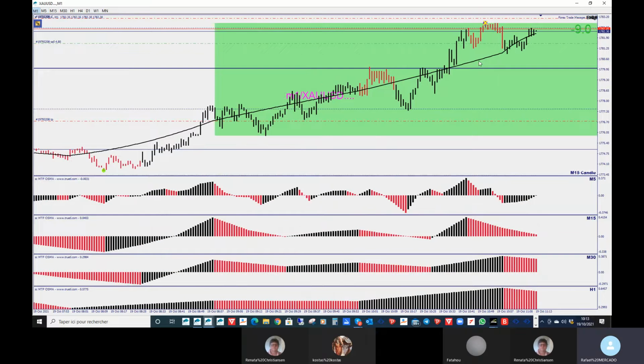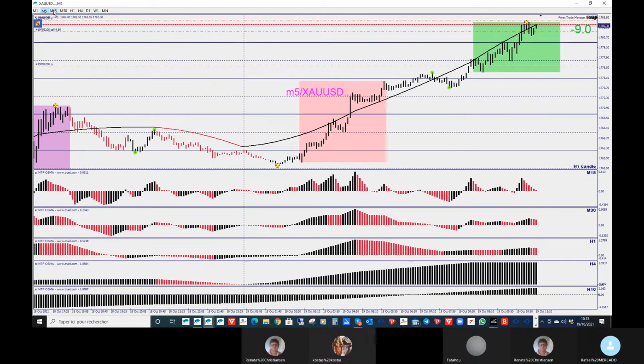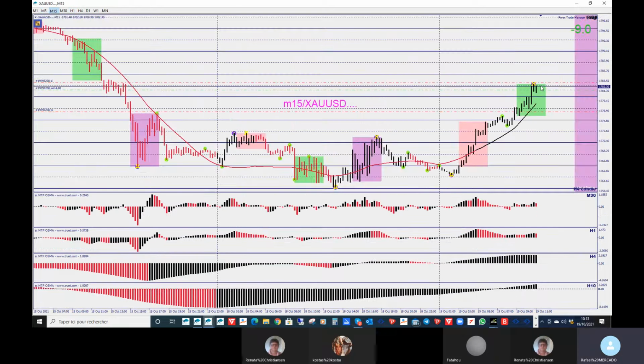And on the 5 minute, the trend line, even the 1 minute, the trend line is still pointing up. So if this trade fails, it's going to be because of that.